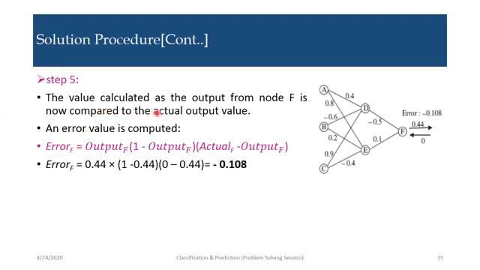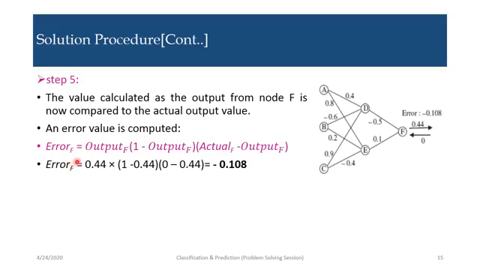Now step 5. The value calculated as the output from node F is now compared to the actual output value. Here we calculate the output value which can be compared with the actual output value. The actual output value, the response variable, is given as 0.